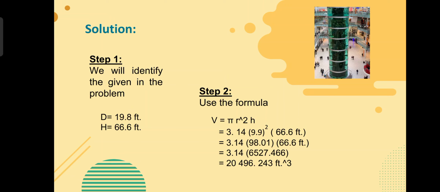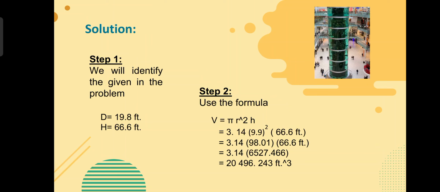So, 19.8 divided by 2 is equal to 9.9. So, radius squared is equal to 9.9 squared, times 66.6 feet, which is the height. So 3.14 times 98.01, this is the answer for 9.9 squared, times 66.6 feet, which is the height.